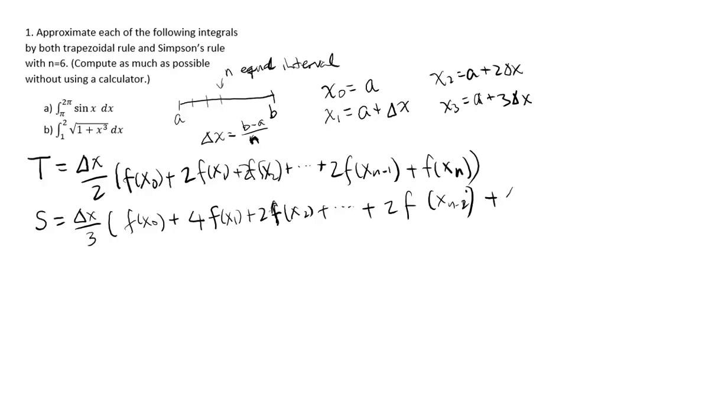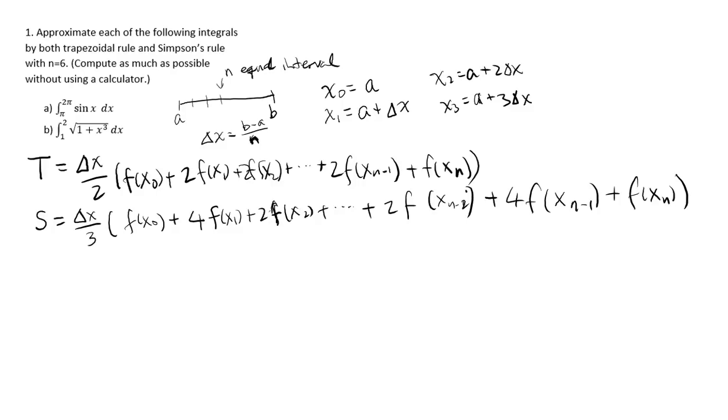It should end at 4, and then you get f of xn. Now, for this to actually work, in order to have the 4 right before f of xn, you need an even number of intervals. If n is even, the number of points is odd, and it works out that you start with 4 and end with 4 right after the beginning and right before the end.